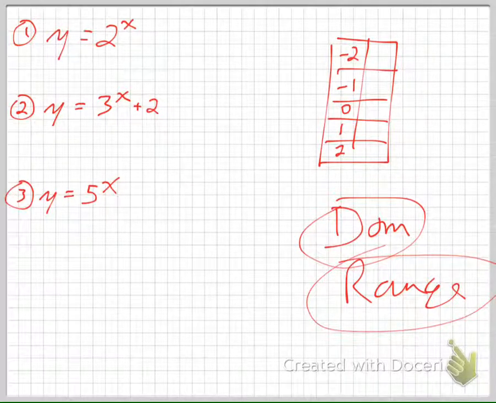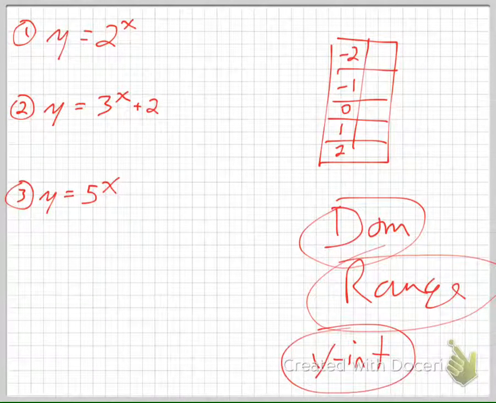You're going to make a table with those 5 numbers, -2, -1, 0, 1, and 2. Then you're going to graph it using your table. Then you're going to give me the domain and the range, right? And I would like for you to then also tell me what is the y-intercept. So write all that stuff down for each one.